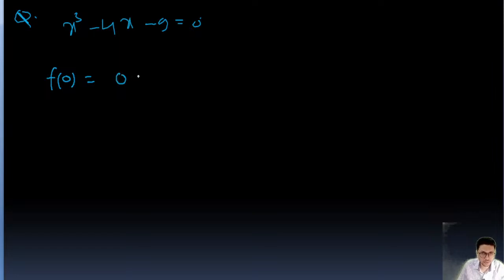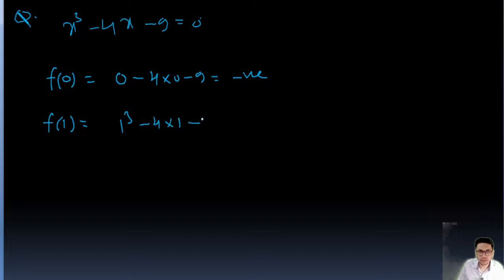So if we put that, this is going to be 0 minus 0 minus 9. This value is going to be negative. Now we'll find f(1). You can see again it is going to give a negative value, like 1 cube minus 4 into 1 minus 9. So this is also going to be a negative value.